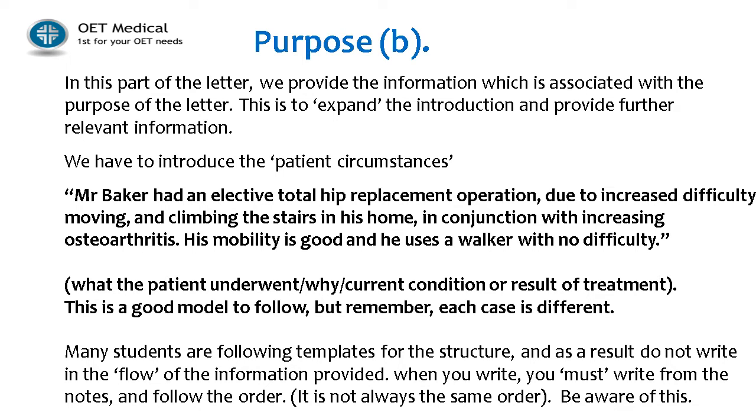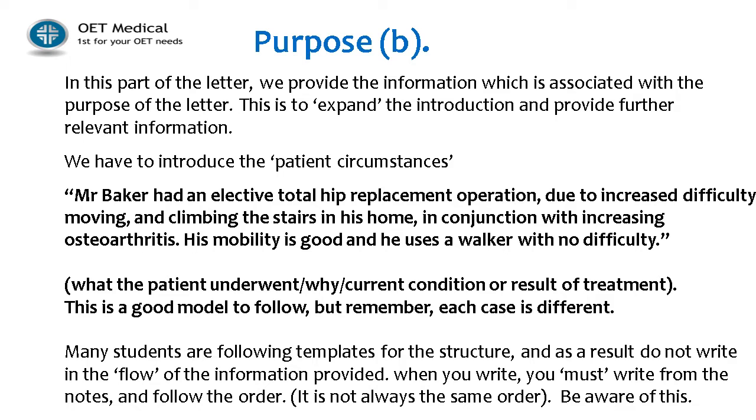So we're saying in this section why the patient had this operation. Mr. Baker had an elective total hip replacement operation due to increased difficulty moving and climbing the stairs in his home, in conjunction with increasing osteoarthritis.